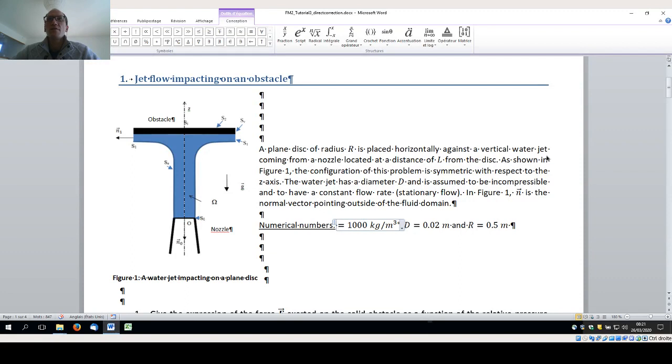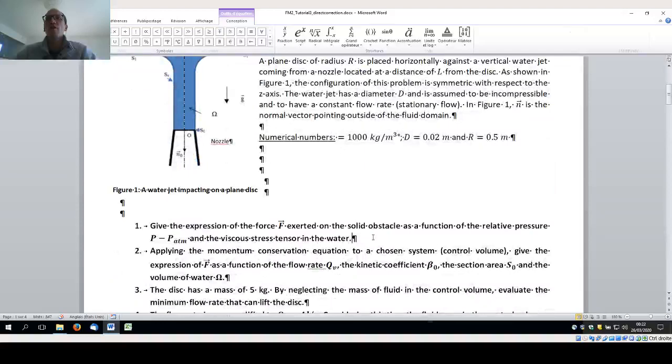So we are here together for the third and the last tutorial for Fluid Mechanics 2. What we'll try to set up is that you work a bit on your own on the tutorial, and I will write some elements of corrections directly, broadcasted here.